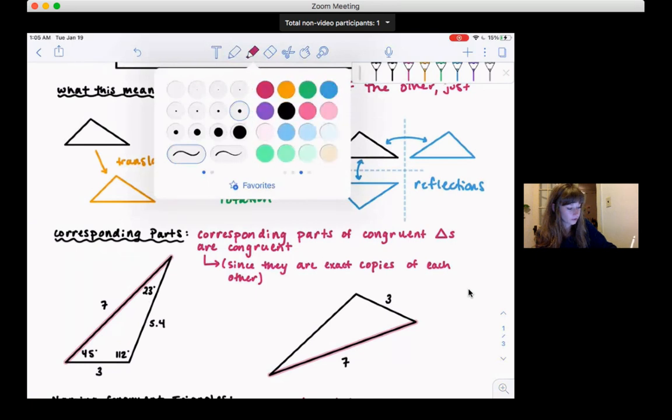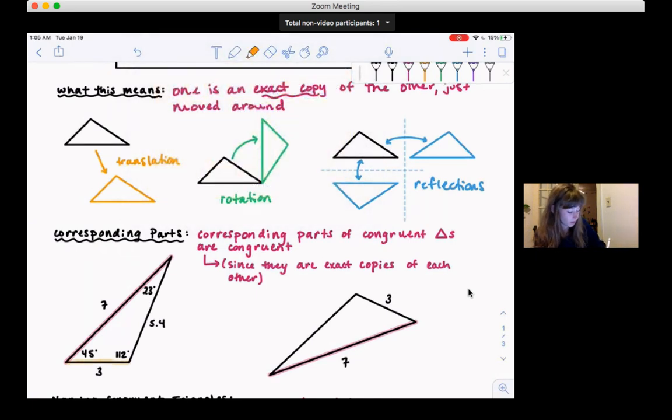We also have this 3 side, and that corresponds to this 3 side, and they're the same length, or they're congruent. Then we have the 3rd side. So this 3rd side has to correspond to this side because that's the only side that's left, and they're congruent, so they have to be the same length. So that means that I know that the green side of this second triangle has to have length 5.4 because this triangle is an exact copy of the first triangle.